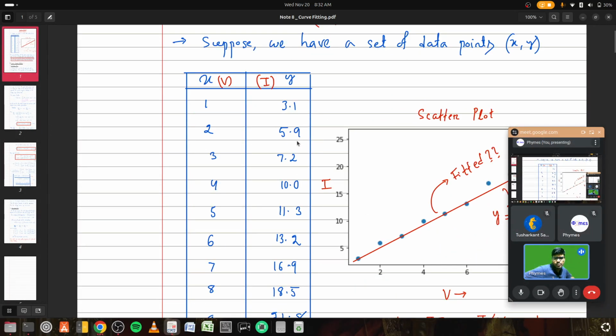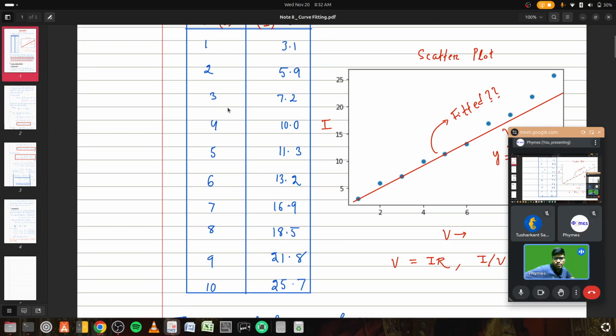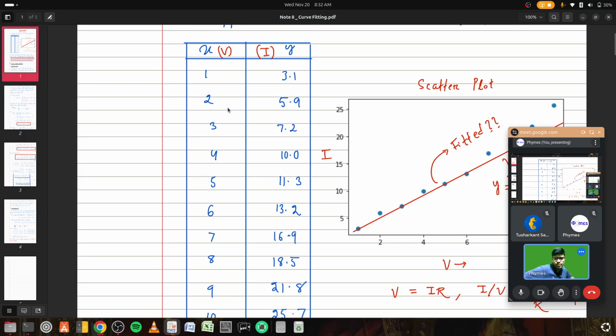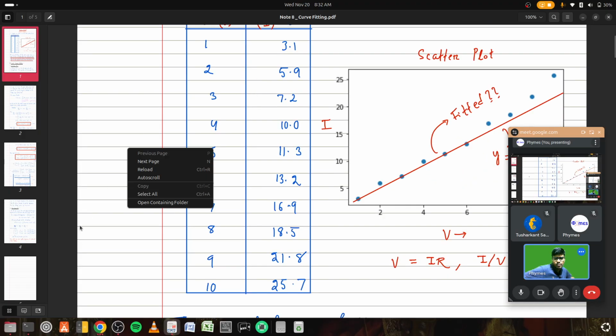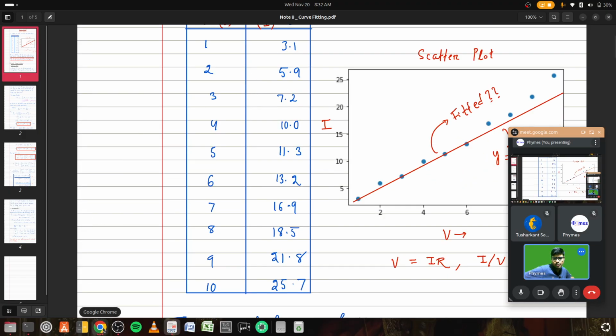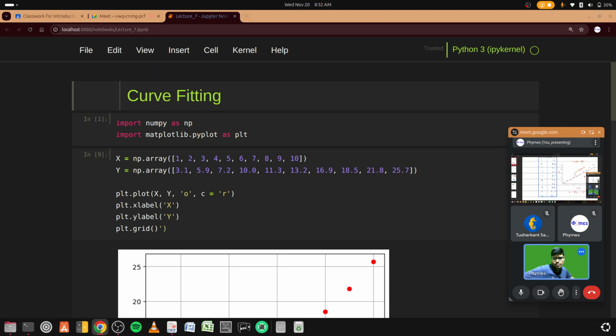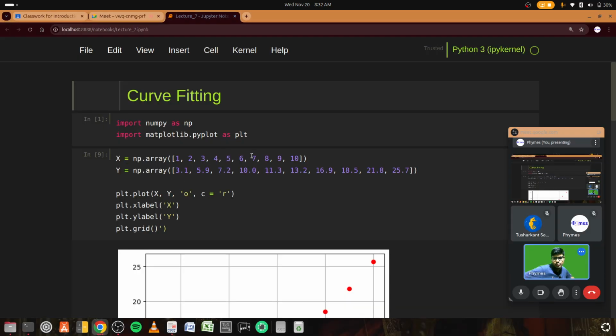This is the data set we have. Suppose this is the voltage and this is the current values. Here this x is the voltage values and this y is the current values. Here I have written them in a numpy array.